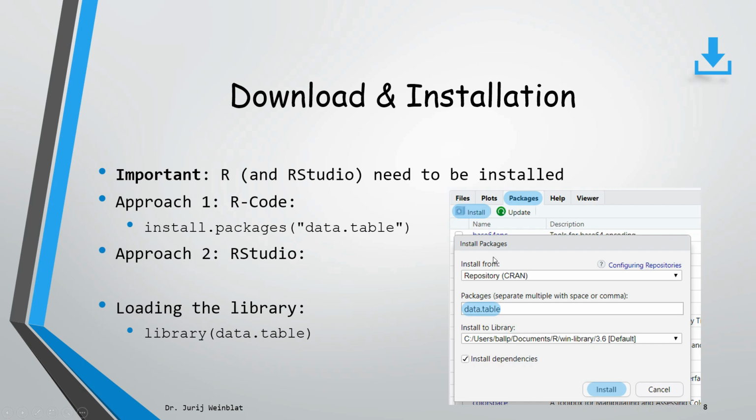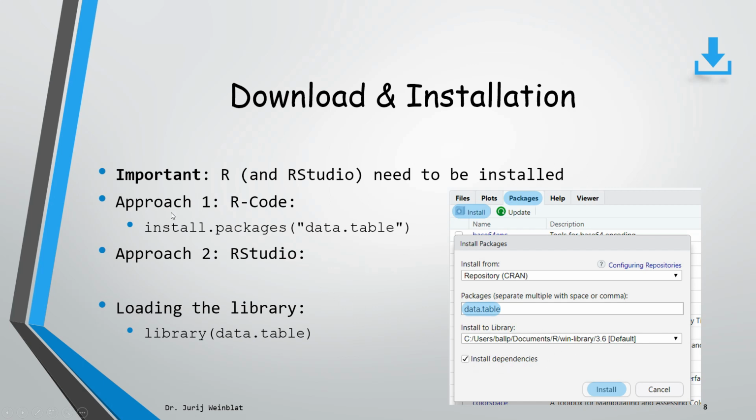Another one is to use RStudio, go to the Packages tab, click on Install, and type data.table into this field down here. Make sure that dependencies are installed, although I think this is not necessary for the data table package because it does not require any dependencies, but still it makes sense to have this option.